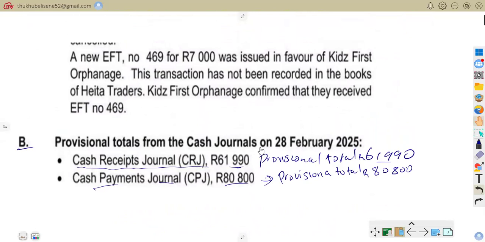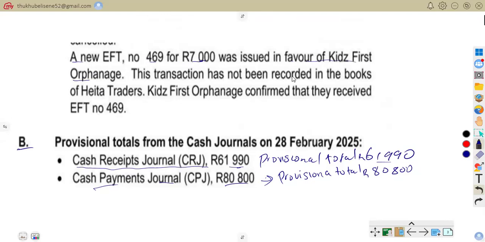On information A, you can see that there it is. A new EFT number 469 for 7,000 was issued in favor of Kids First Orphanage. Remember, on the cash receipt journal, the old one was cancelled because the account number was incorrect, if you can still remember. So we have a new electronic funds transfer number 469 for 7,000 issued in favor of Kids First Orphanage.